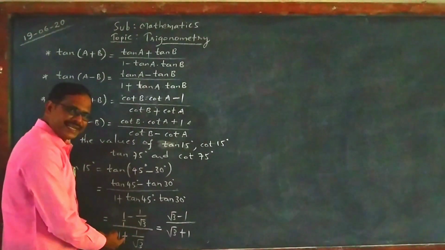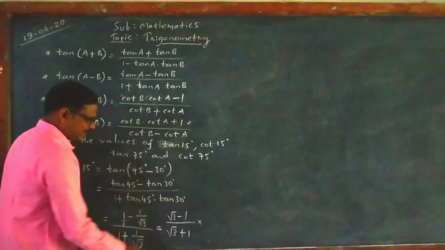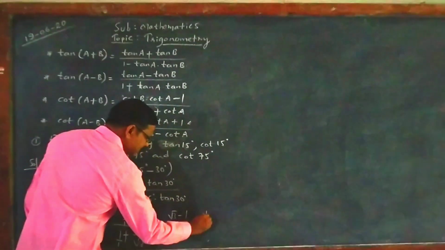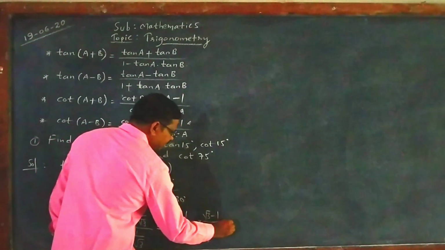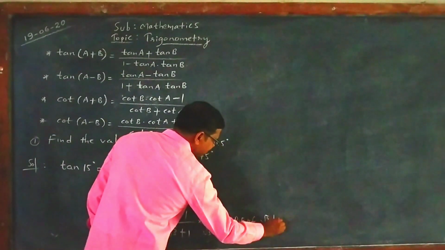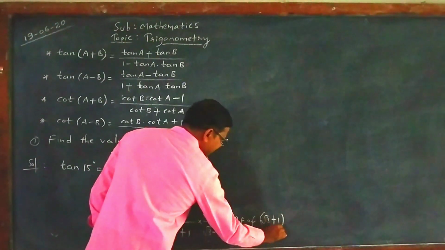Root 3 gets cancelled in the LCM. So I will take the rationalizing factor. What is the rationalizing factor of root 3 plus 1? Yes, right: root 3 minus 1 upon root 3 minus 1. The rationalizing factor of root 3 plus 1 is root 3 minus 1.